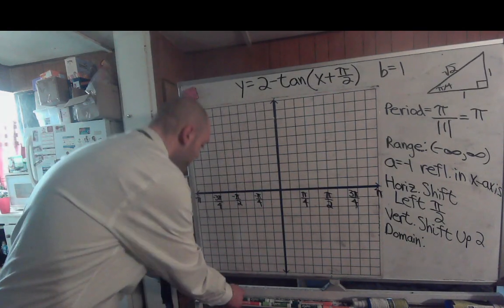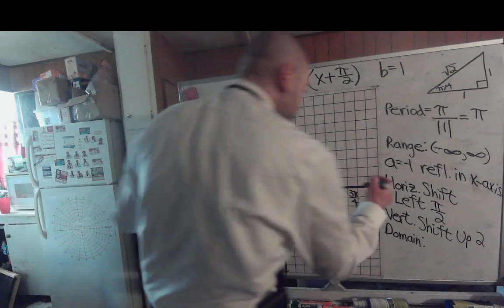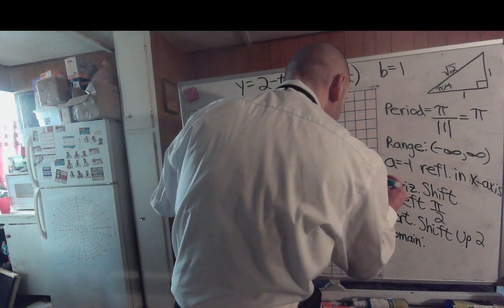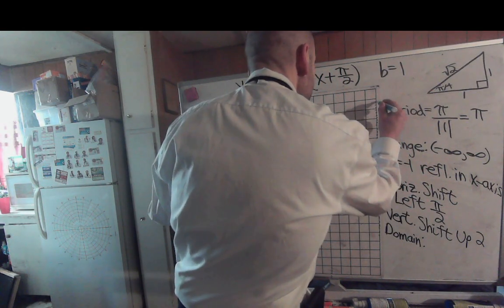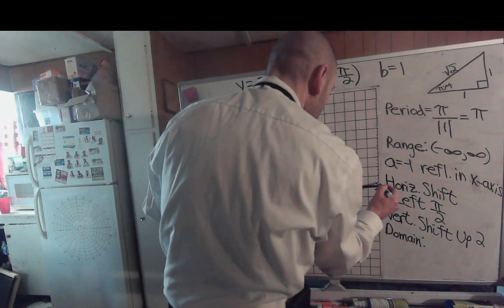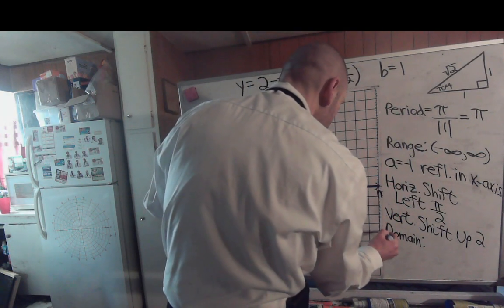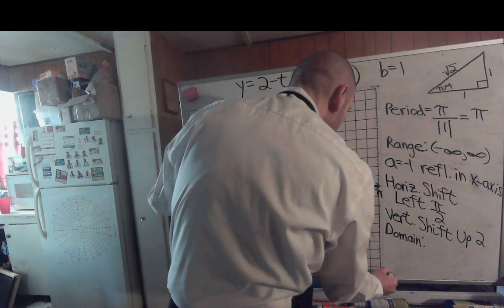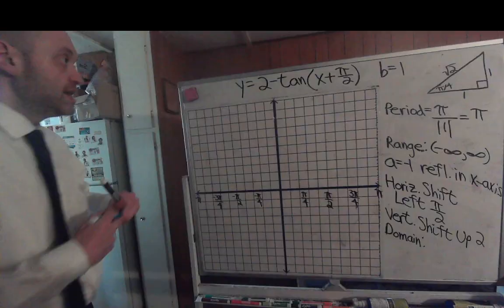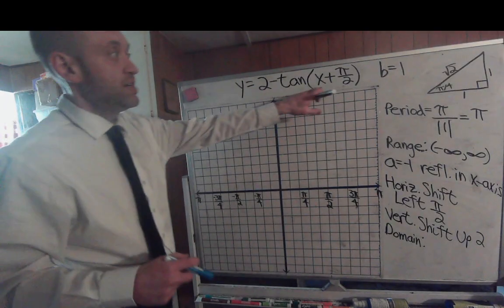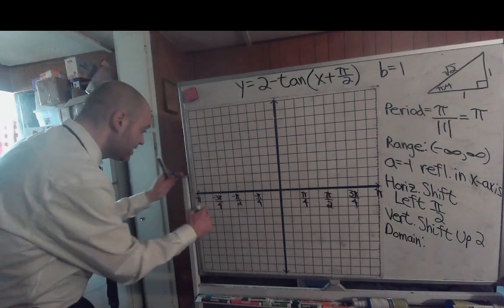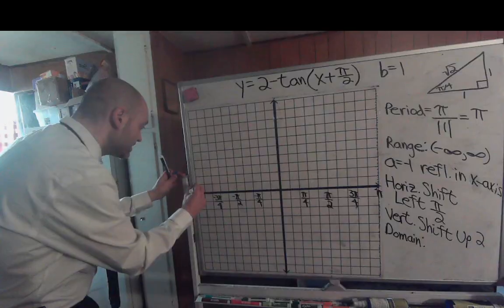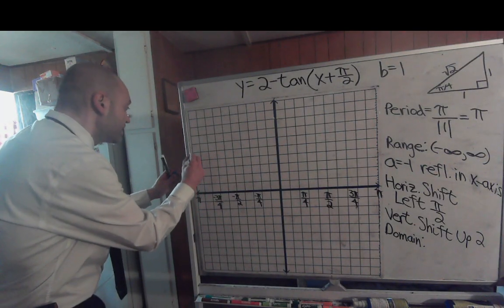So I'm going to have a vertical asymptote at x equals pi. So a very interesting thing has just occurred. And then if I put in negative pi, I'll get the tangent of negative pi over 2, which is undefined. So I'm going to have yet another vertical asymptote at x equals negative pi.